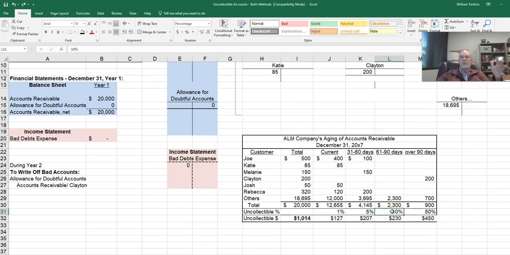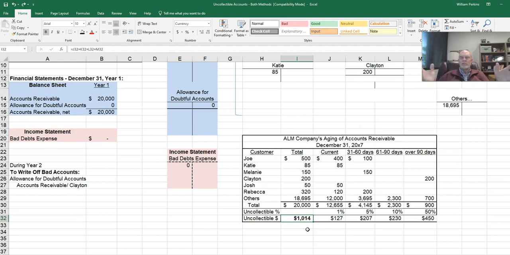And then of the really old accounts, over 90 days old, we're thinking maybe half of that amount will not be collected. So when we multiply out those percentages by the different age groups, and then add up those subtotals, we get a total estimate of a little over $1,000 that we think is going to be uncollectible.